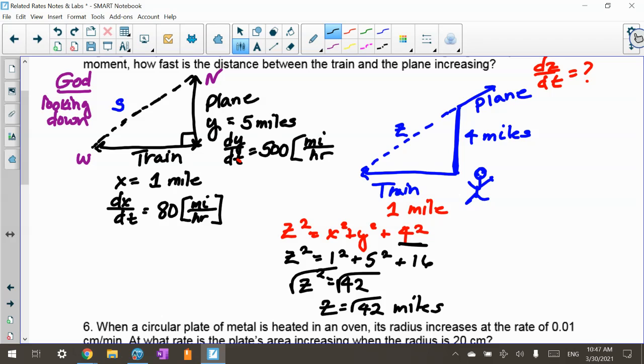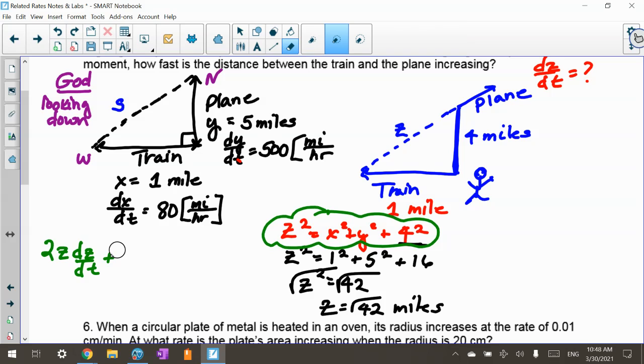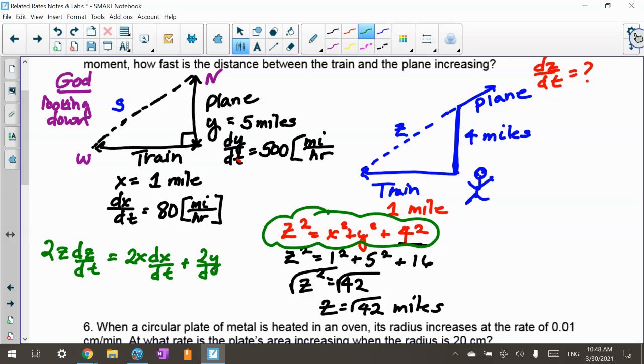All right, so now I'm going to actually do the derivative. I've used a lot of space here. We're going to take the derivative of this formula, because z is moving, x is moving, and y is moving, but this is my constant of 4. So you're going to do 2z dz/dt equals 2x dx/dt plus 2y dy/dt.